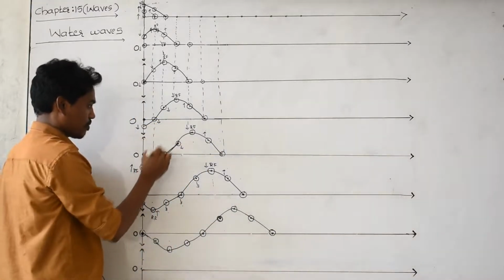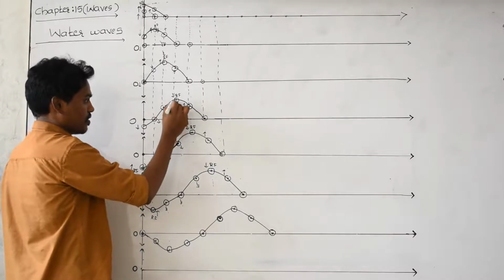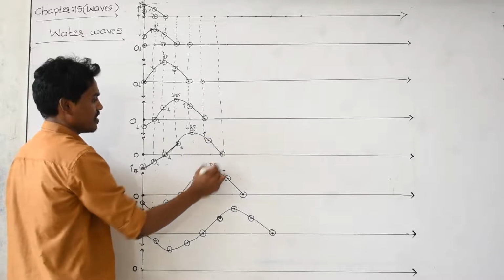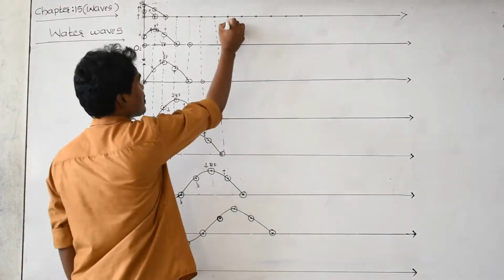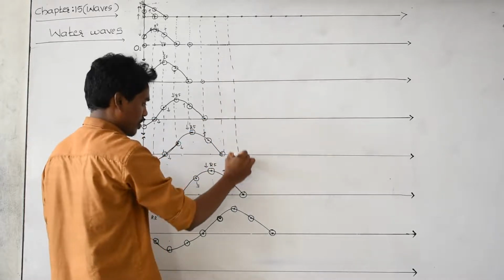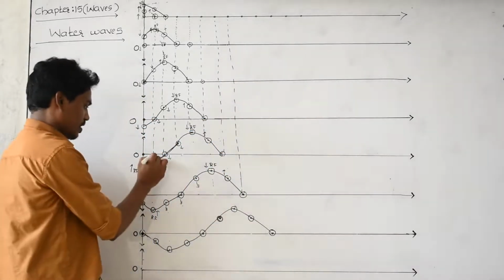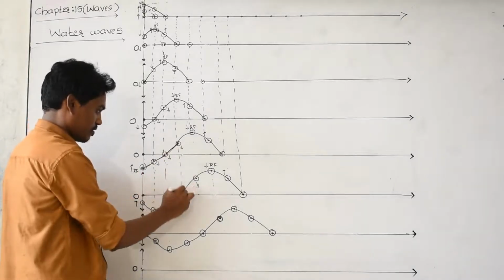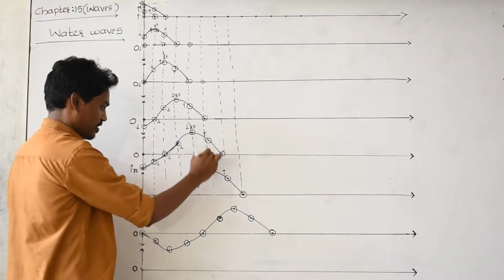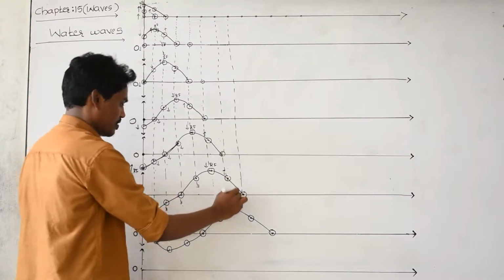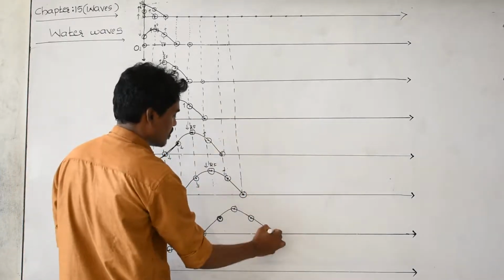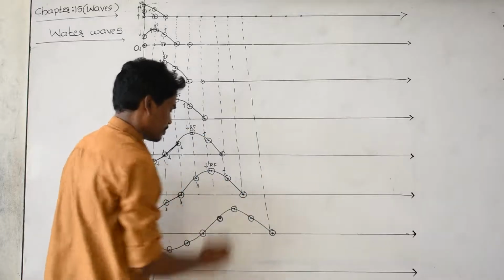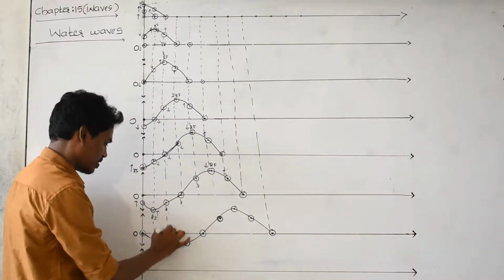Next, you practice it very carefully, you will easily get the nature. And where is this particle? This is the particle. Next, this particle I have indicated, this is here, this is here, and this is here. And where is this particle? This particle is here, this is the particle, next particle. Next I am indicating, this is the diagram.